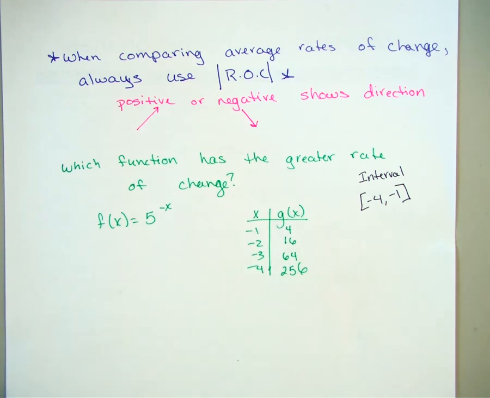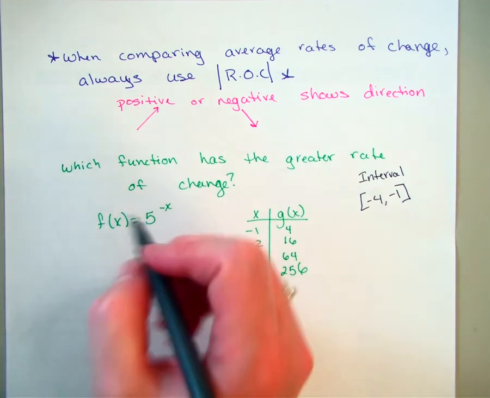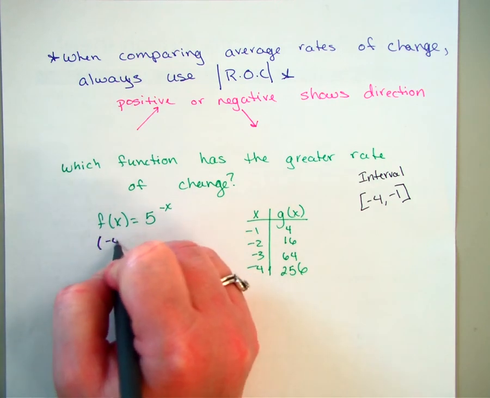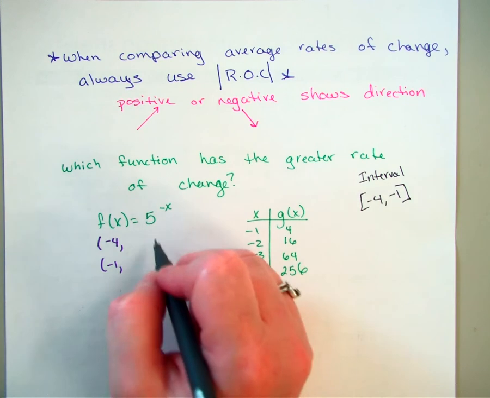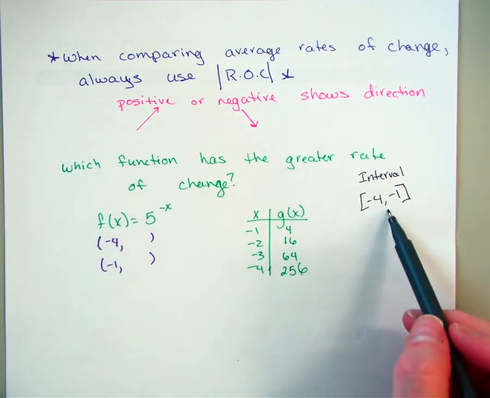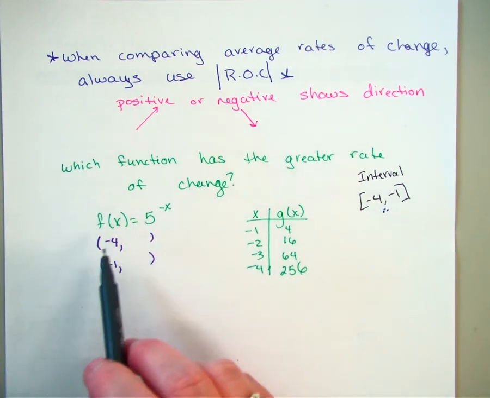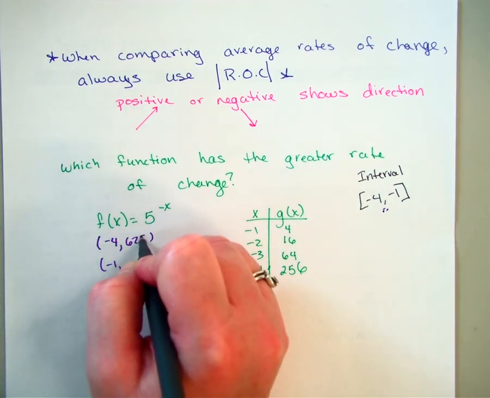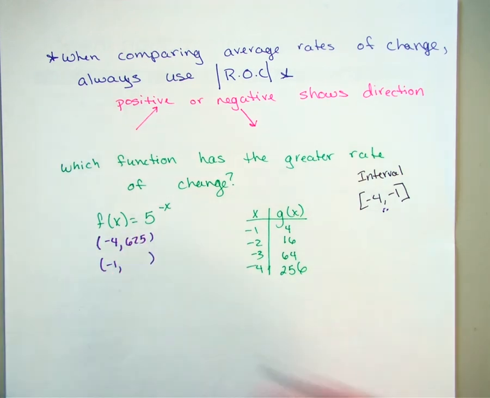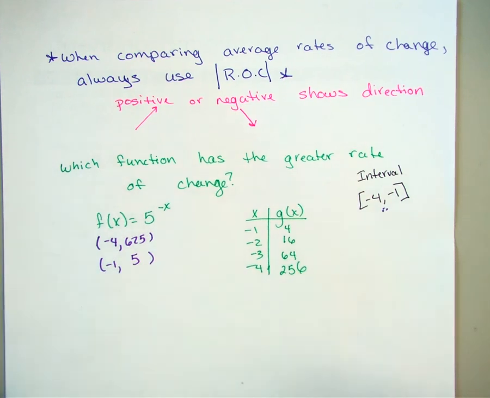So what I need to do is, using my calculator, I'm going to find the y values that go with negative 4 and negative 1. Again, that's the interval they told us to use. So I'm going to plug negative 4 in for x, and that's going to give me a 625. Plug in a negative 1. That's going to give me a 5.